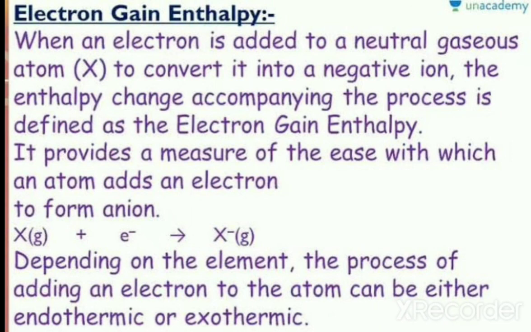That is, is it easy for the atom to gain an electron, or is it difficult for the atom to gain an electron? Addition of an electron to an atom can be represented as X plus e⁻ gives X⁻. Depending on the element, the process of adding an electron to the atom can be either endothermic or exothermic.